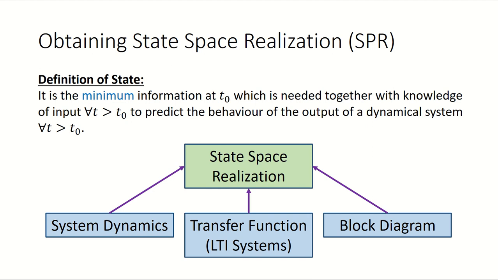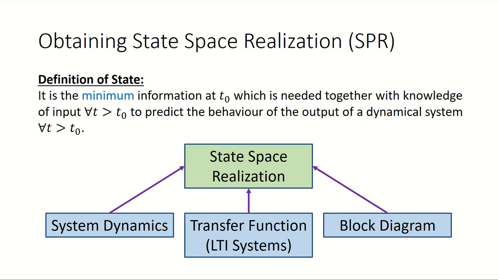Of course, if you have the system knowledge, that means the knowledge of the system dynamics, you will be able to construct the state space realizations by understanding what you can term as the internal states, what is the output. It is very clear in front of you, as in the example videos I already showed you. In the next lecture we will start with this. We will see simple systems and derive the state space realizations from those systems, and you will also be given tutorial sheets to solve state space realizations for given systems.